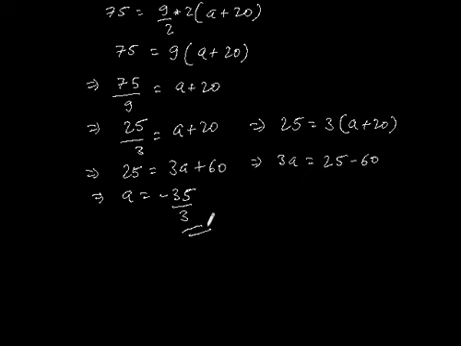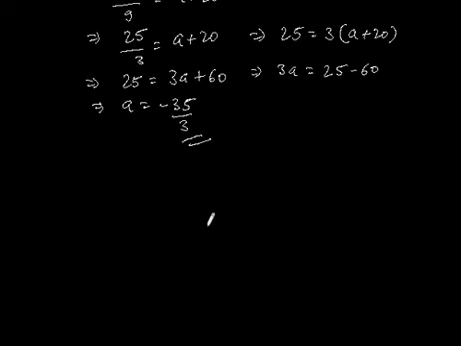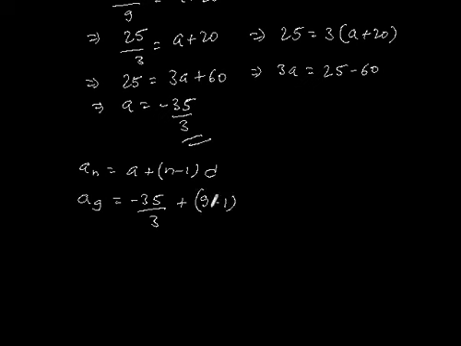Now, as we know, an is equal to a plus n minus 1 into d, putting the value, let's find out a9. A is minus 35 by 3 plus 9 minus 1 and d is 5.